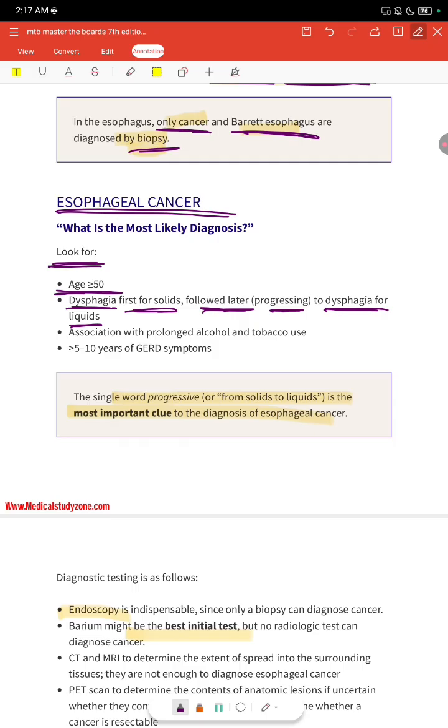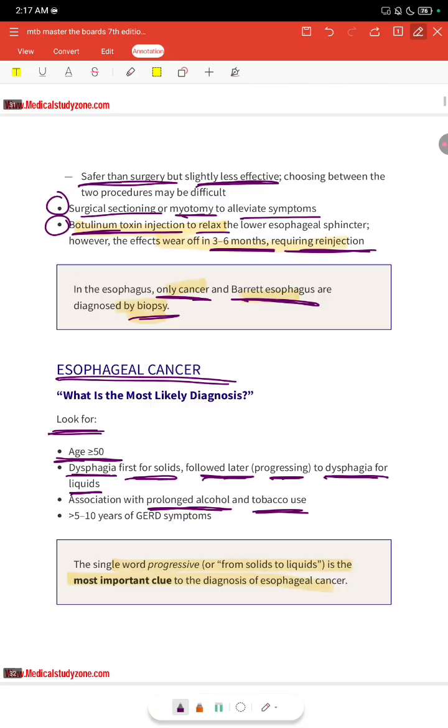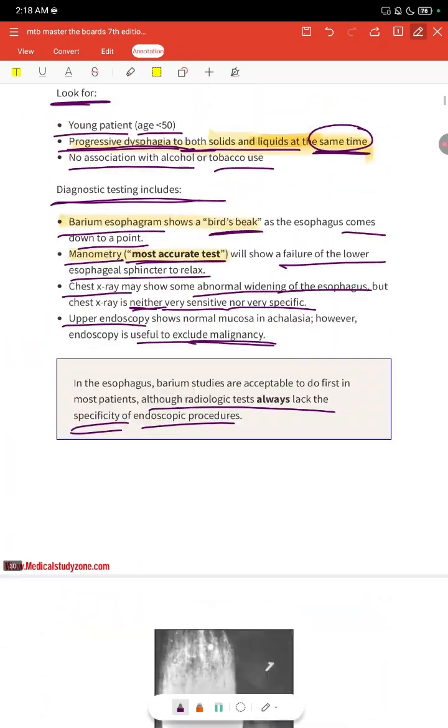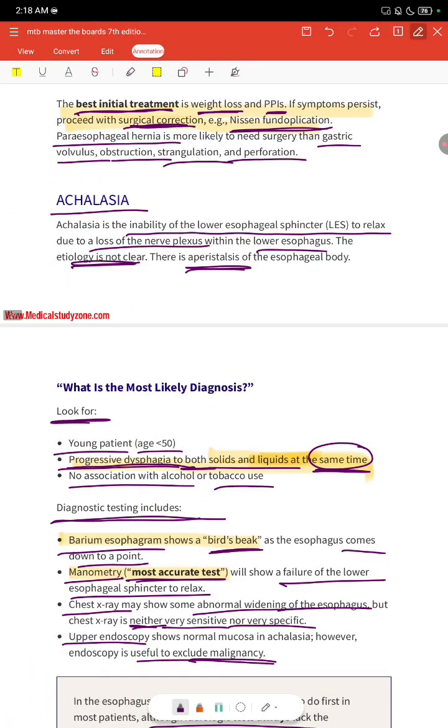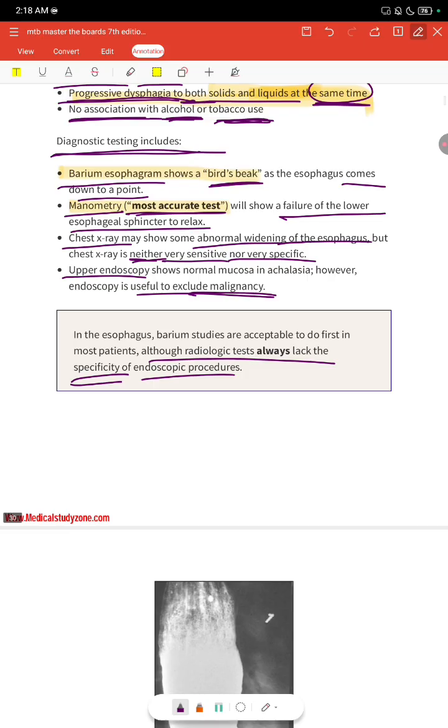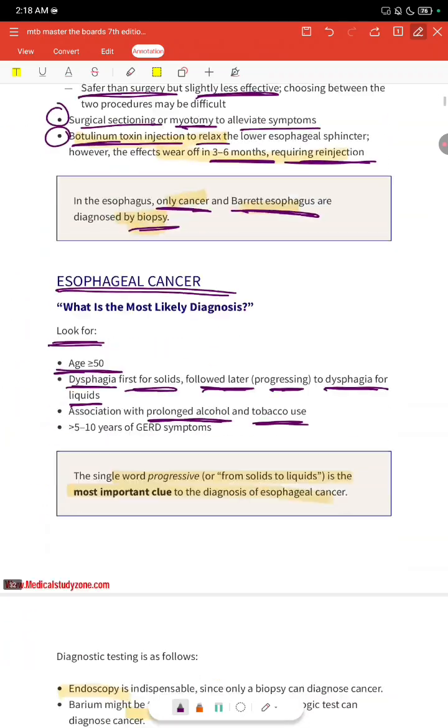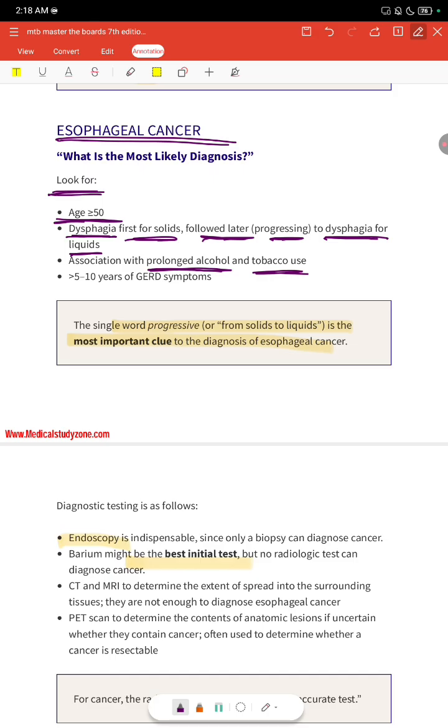Association with prolonged alcohol and tobacco use. That is also another distinguishing point of esophageal cancer from what? From achalasia, which is not usually associated with alcohol or tobacco use. And also look for more than 5 to 10 years of GERD symptoms, gastroesophageal reflux disorder symptoms.